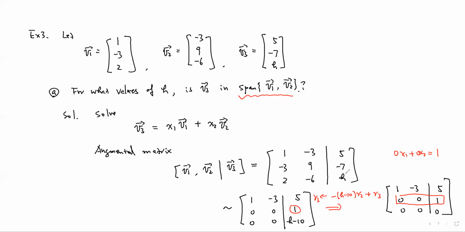So therefore, for any h, the linear system, or this vector equation, has no solution. So the conclusion is V3 is not in the span of V1 and V2 for any h. This is part A.